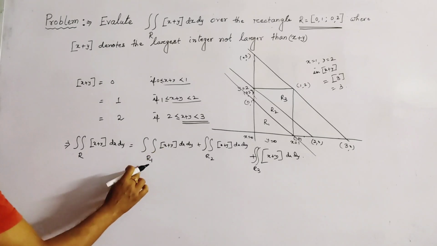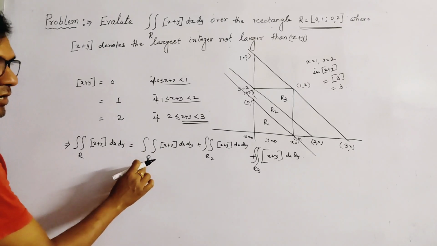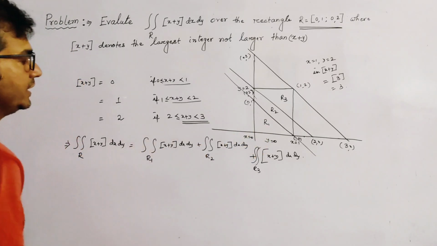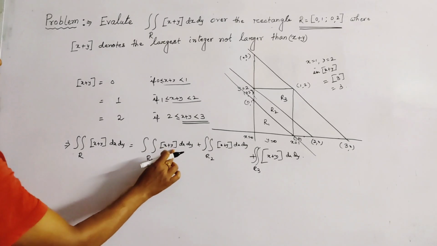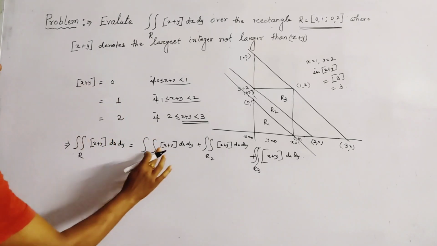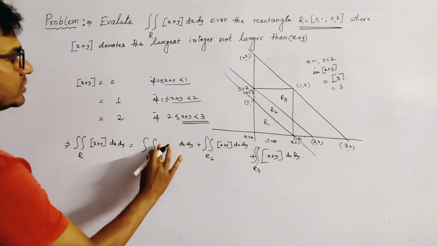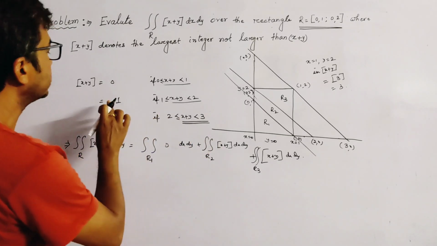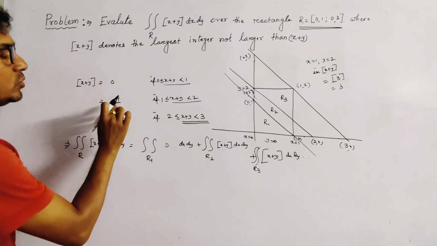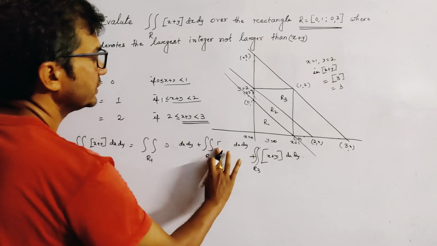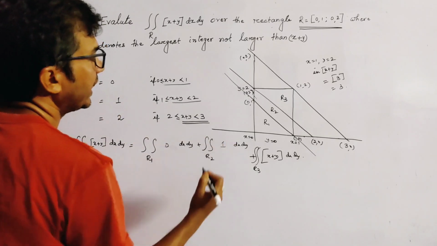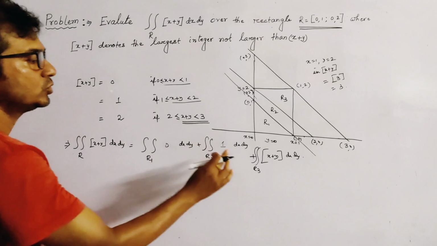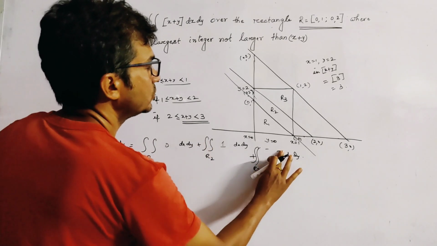In the first region R1, [x + y] is equal to 0, so we put 0 here. In the second, [x + y] is equal to 1, so we put 1, and in the third case this is equal to 2, so we put 2.